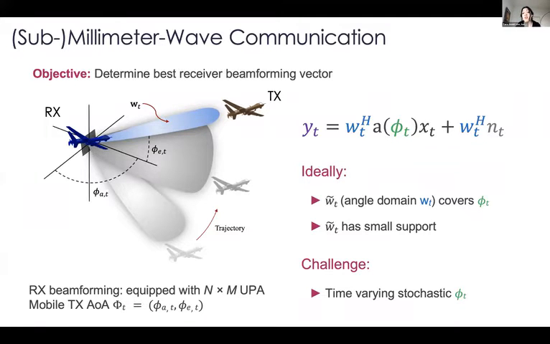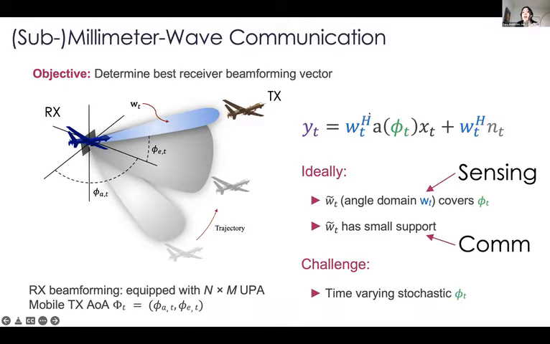Now the challenge in the setup where you have mobility is that the angle of arrival is a time-varying stochastic process. So in some sense, you have to constantly trade off sensing and communication in a soft way, as well as in a more hard way, by controlling your pilot versus data.